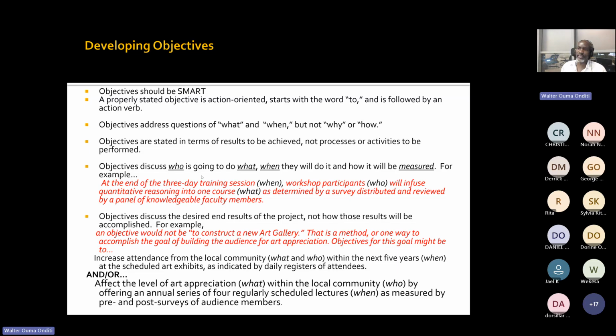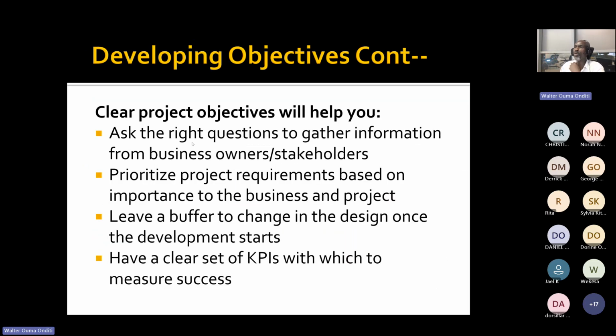So critically look at it. That is basically how you go about it. And I've given several examples just to guide you. But what you see here may not be good. Formulating this on your own is really, really critical, and we shall critique and debate more about it. Now, clarity of the objectives.